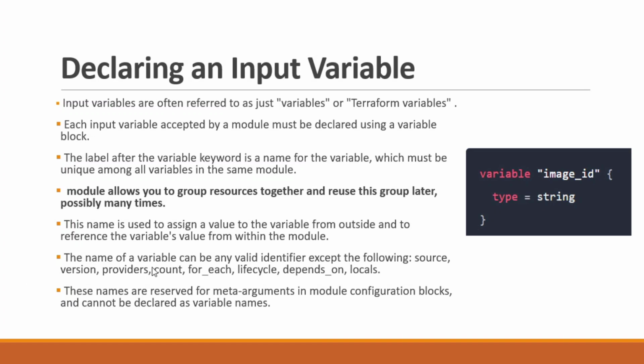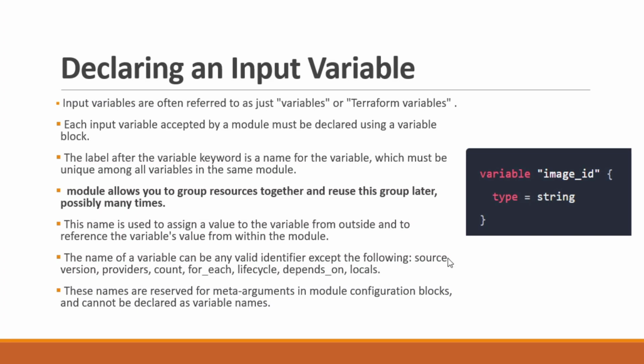The name of a variable can be any valid identifier except the following: source, version, providers, count, for_each, lifecycle, depends_on, and locals. Why can't we use these names?